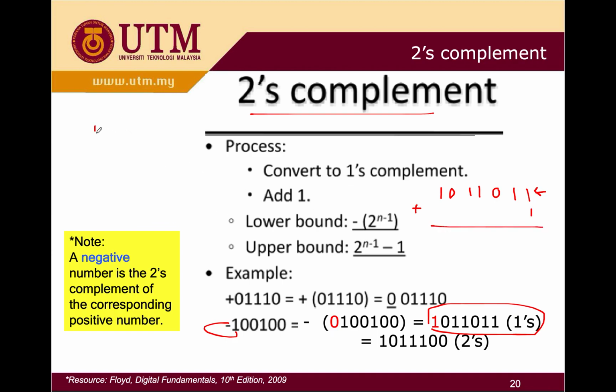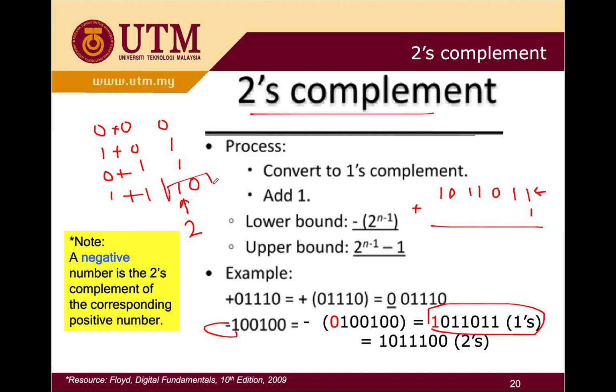You need to know that there is a table. When you add 0 and 0, you get 0. 1 plus 0, you get 1. 0 plus 1, you get 1. But 1 plus 1, you will get 1 0. 1 0 in binary is 2. Is it okay? It is not 10 over here.